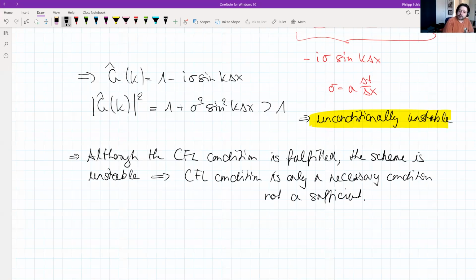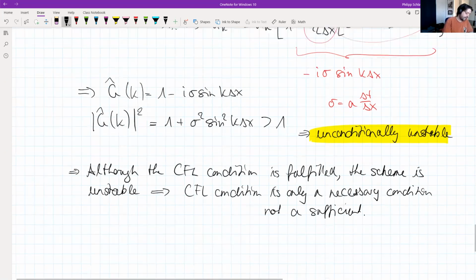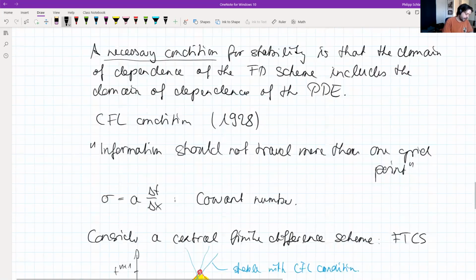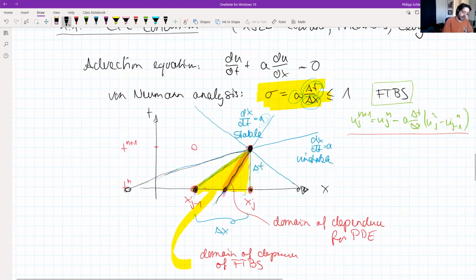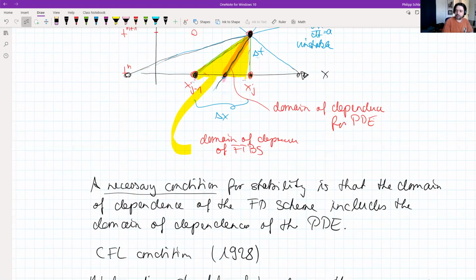So that means the CFL condition is useful. It gives us a physical interpretation, but you need to take it with some care because it is only a necessary condition.